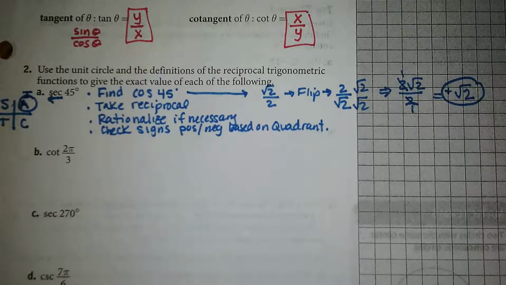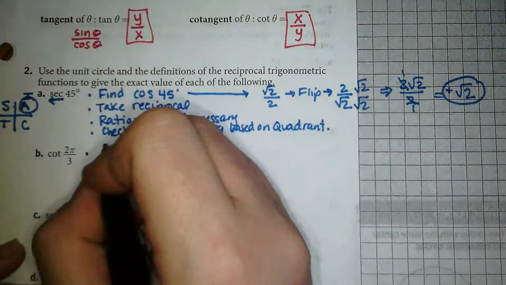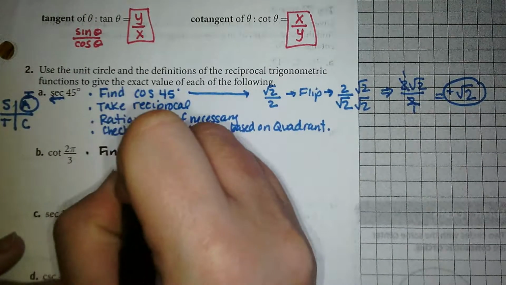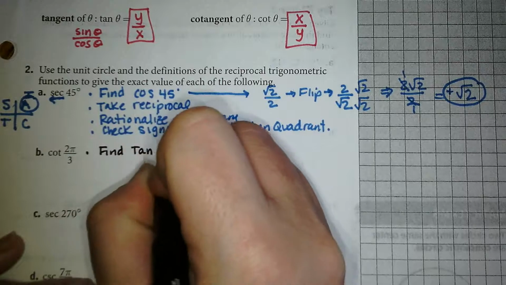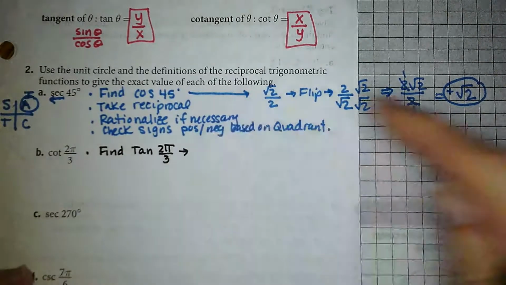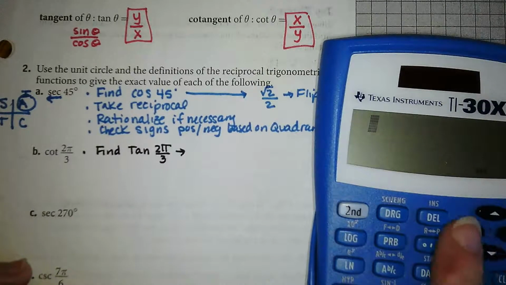Let's take a look at cotangent. So for number 2, we have a cotangent of 2 pi over 3. The first thing that I want to do is find the tangent of 2 pi over 3, which means that, I don't know about you, but I think much better in degrees.